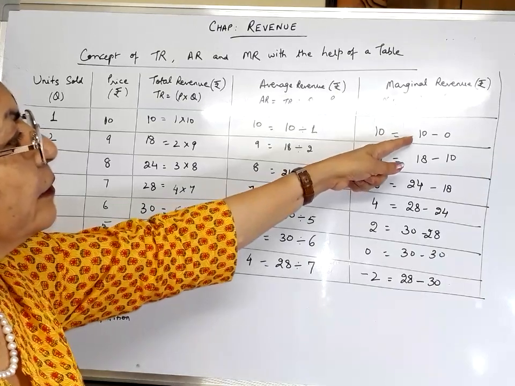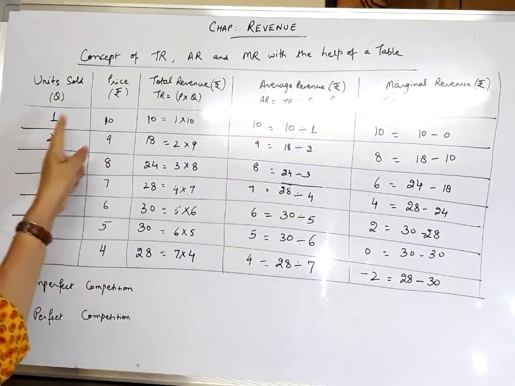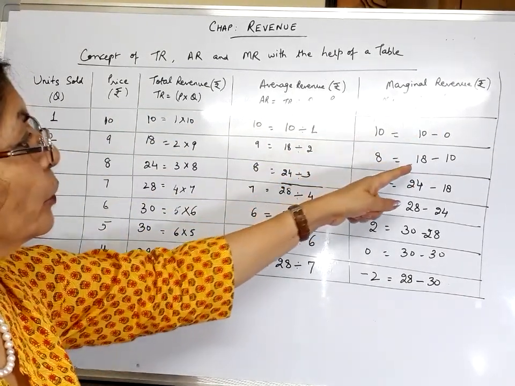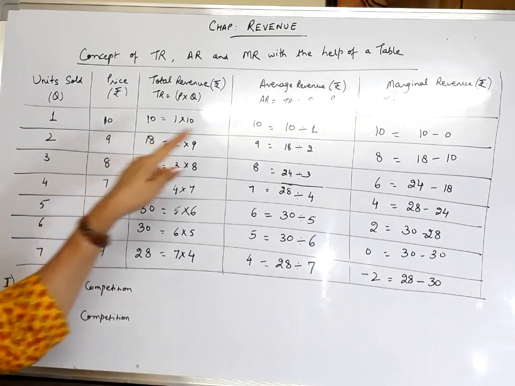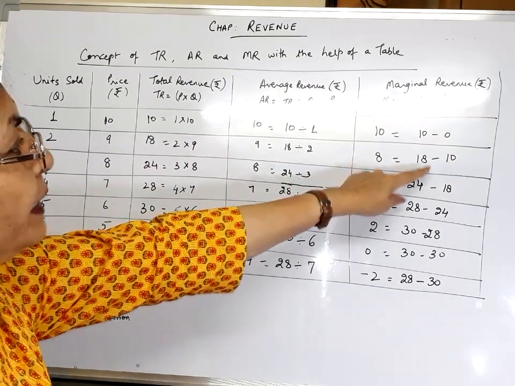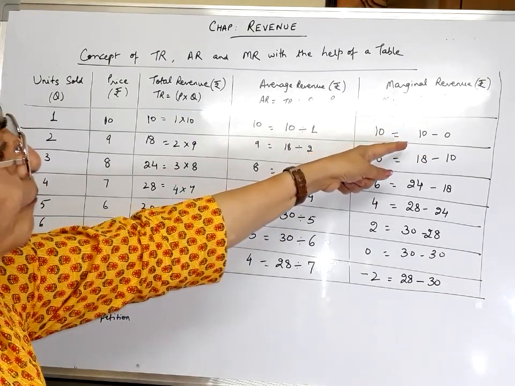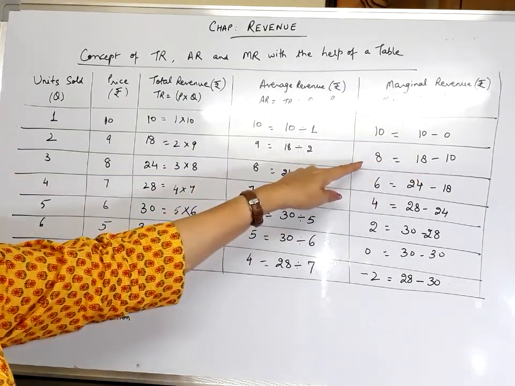Hence, the first value that we get for total revenue on producing 1 unit of output is 10. So 10 minus 0 is 10. The total revenue we had taken for producing 2 units of output is 18. So I have written 18 here, minus the previous one, that is 10. Total revenue is 10 for producing 1 unit of output. 18 minus 10 is 8.